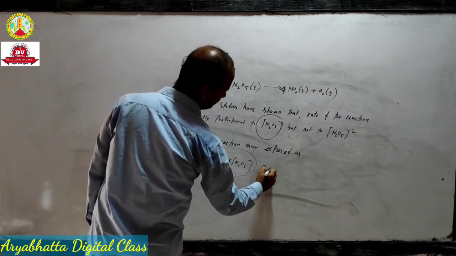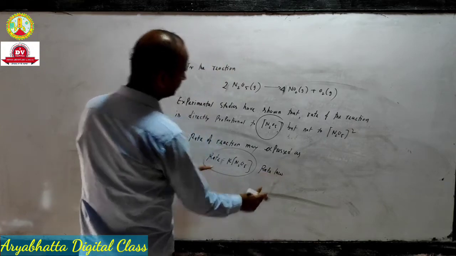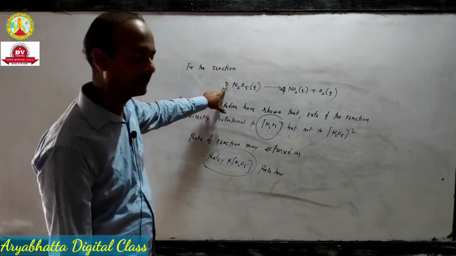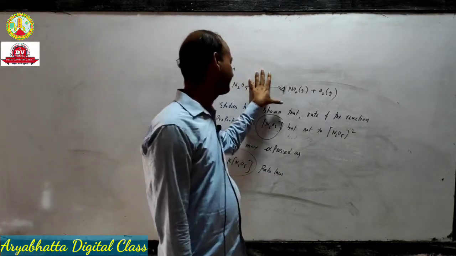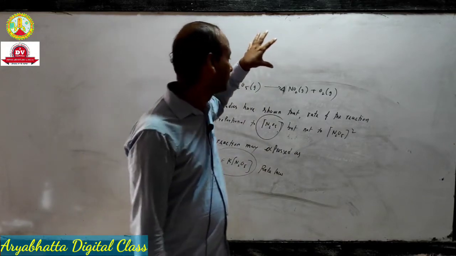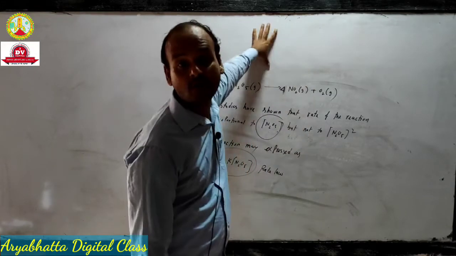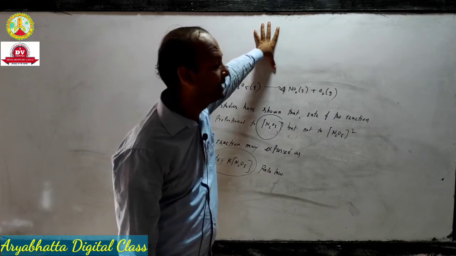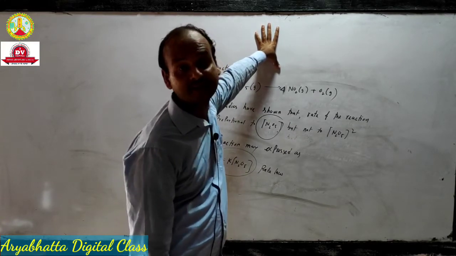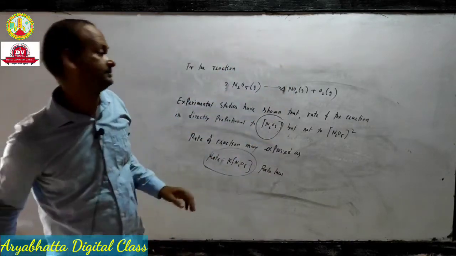This is the rate law, or rate equation, for this reaction. Understood? The rate law gives the actually observed dependence of rate on the concentration. Please remember this line.